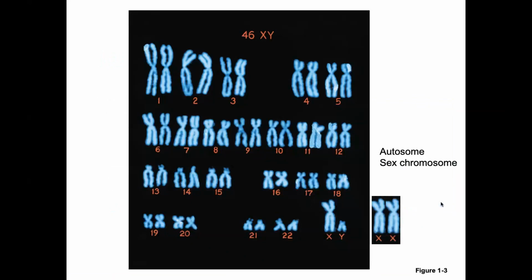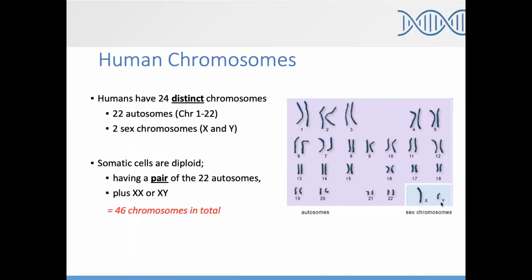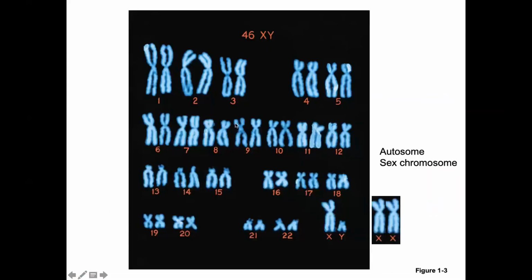So here's another representation of a human genome, represented in this karyotype format. There are different ways you can prepare these chromosomes for visualization under a microscope. You can use different stains and so on. So this is one staining method. Here's another. In this case, they used a fluorescent stain, but it's the same idea. Chromosomes 1 through 22, again, are the autosomes.